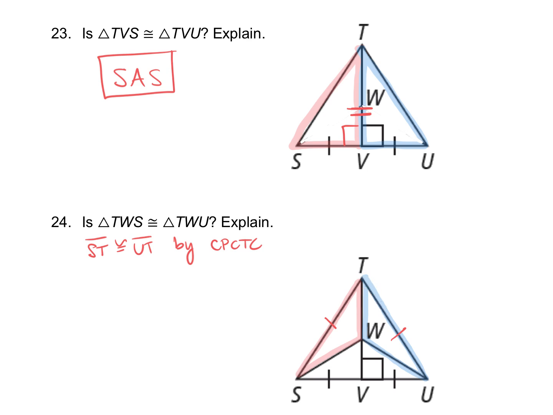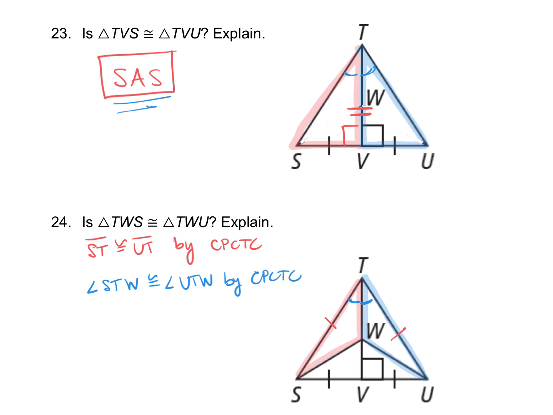So we know that up here, these angles were congruent because we knew the triangles were congruent, so the corresponding parts are congruent. So down here, those angles are still congruent. So angle STW is congruent to angle UTW. And again, that's by CPCTC.